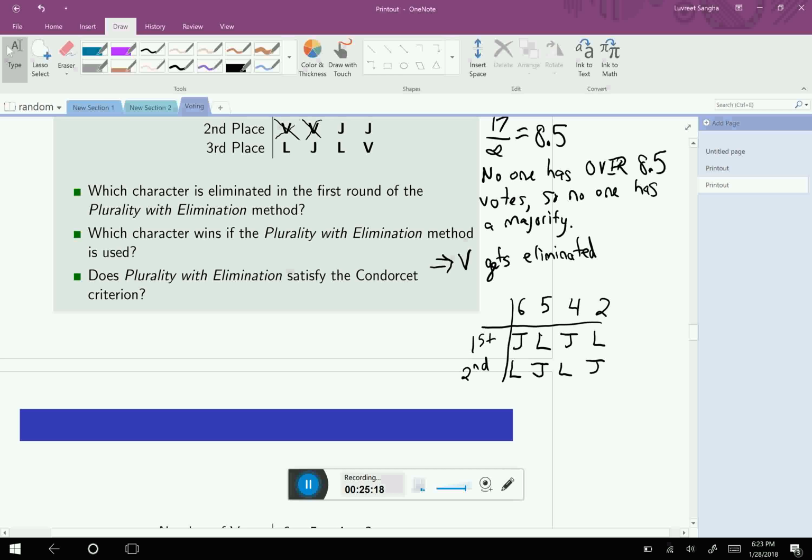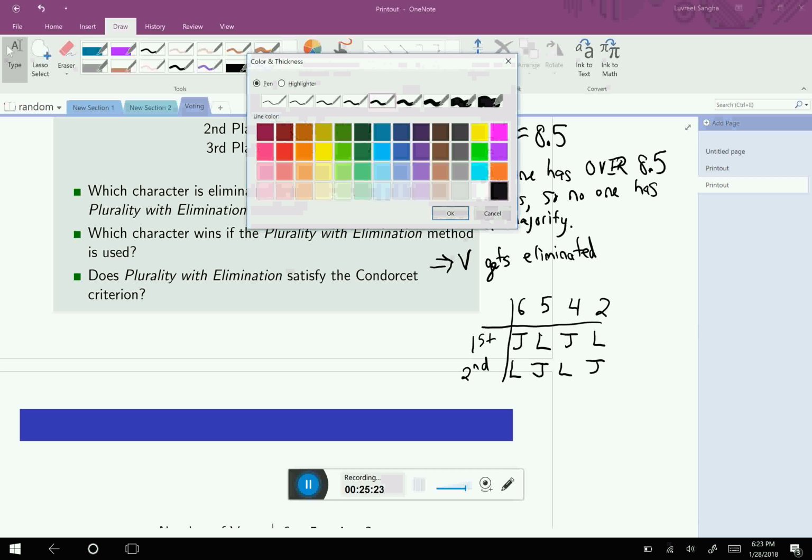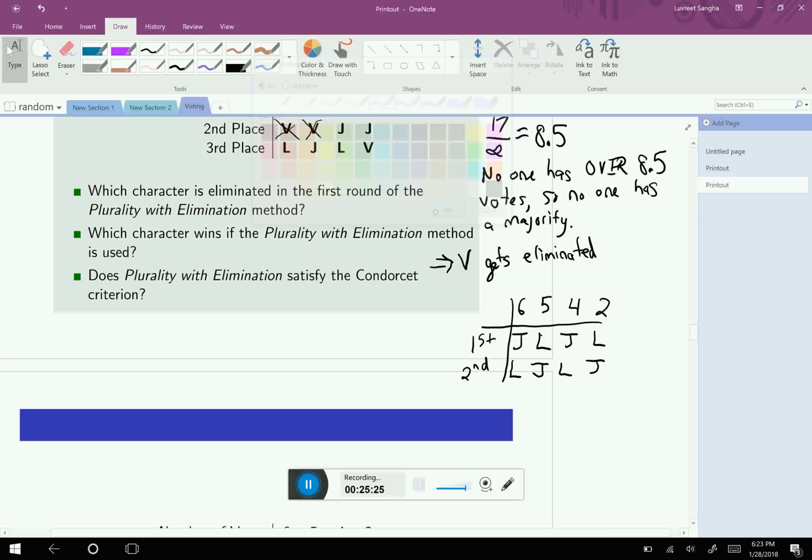Okay, so I'm just going to switch to a different color. If we count votes here, J now has 6 plus 4, which is 10. And then L has 5 plus 2, which is 7. So J at this point has over 8.5, because J has 10.